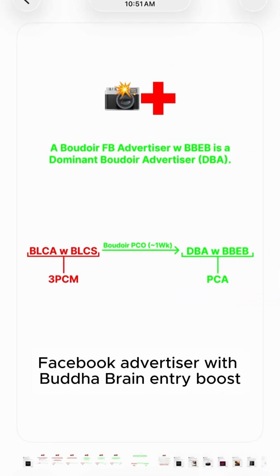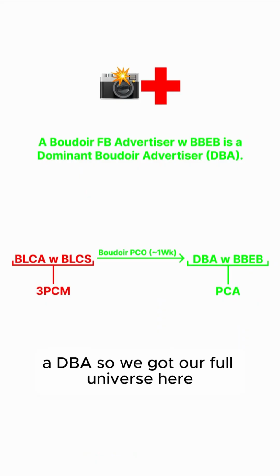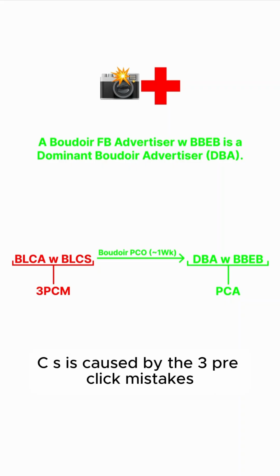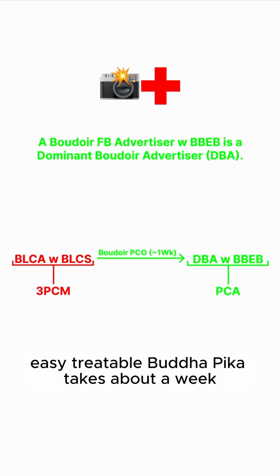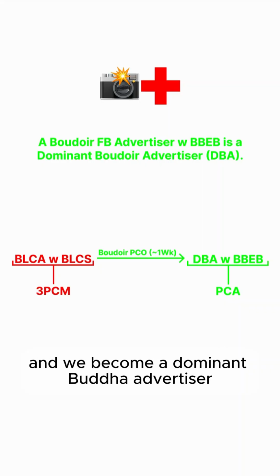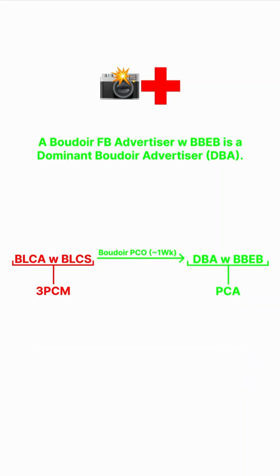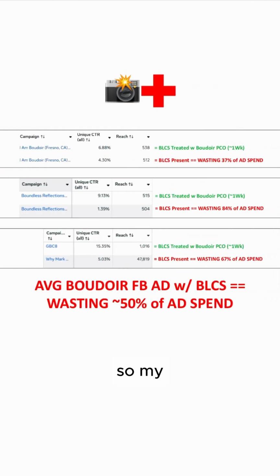And a Boudoir Facebook advertiser with Boudoir brain entry boost is a dominant Boudoir advertiser, a DBA. So we've got our full universe here: a BLCA with BLCS is caused by the 3 pre-click mistakes. It's easy, treated with Boudoir Pico, takes about a week. Achieve pre-click alignment and we become a dominant Boudoir advertiser with Boudoir brain entry boost. That is this universe.